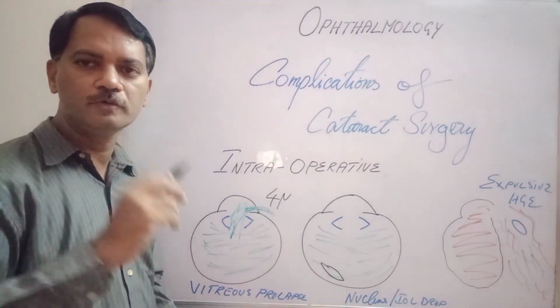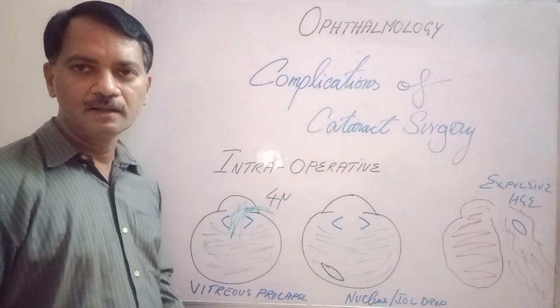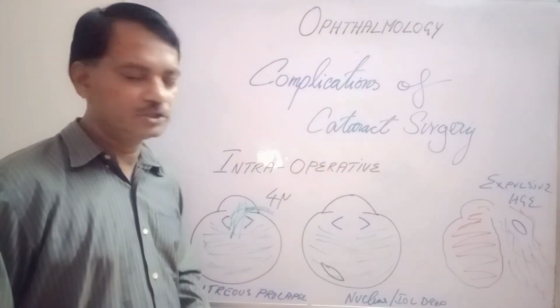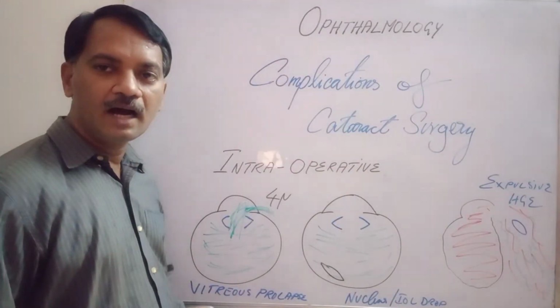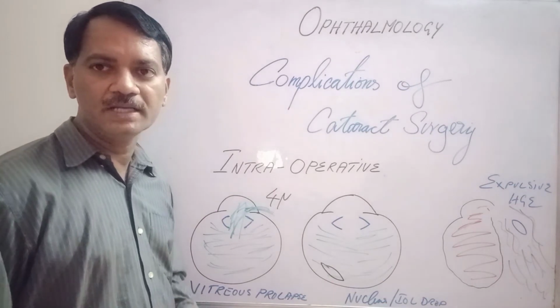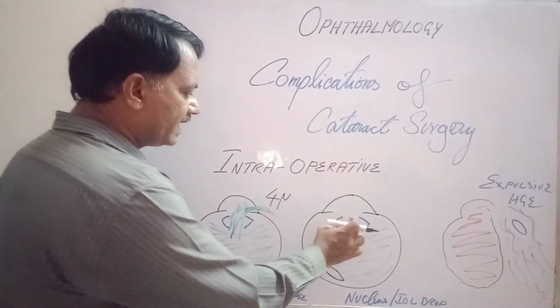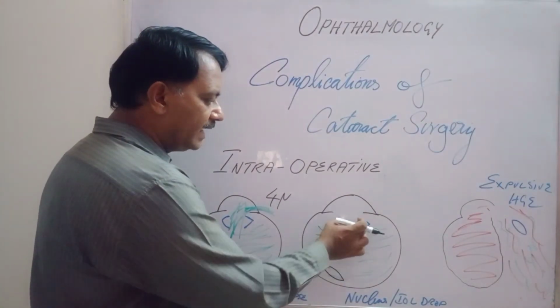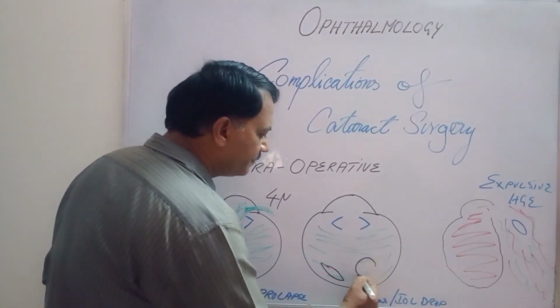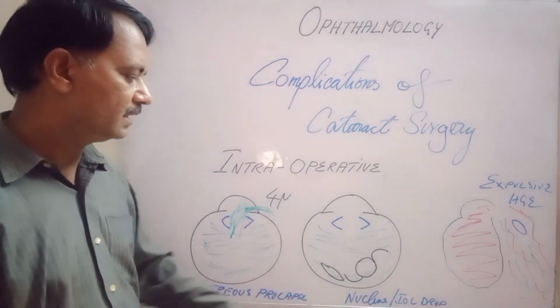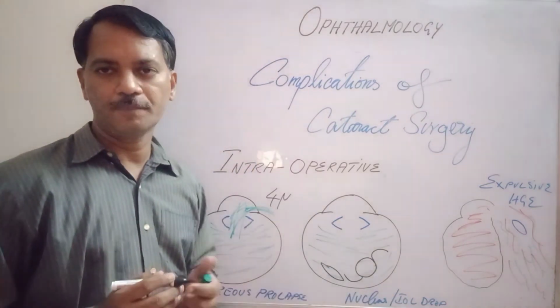This is called nucleus drop. Sometimes you don't recognize the posterior capsular rupture and you have removed all the nucleus and cortex from the eye. When you place the IOL into the bag, the IOL can slip into the vitreous. That is IOL drop.